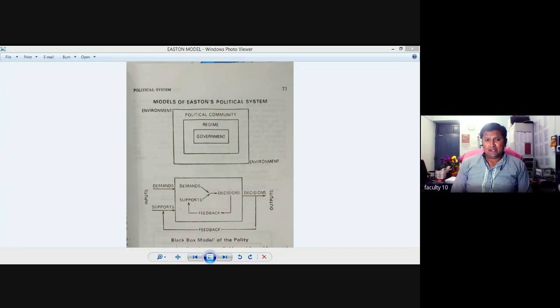In the picture you can see the demands and supports from the environment, and how demand and support come from the political community, from the political system, right? This whole model of Easton's political system is also known as the black box model of polity, right? Now I am stopping the sharing.